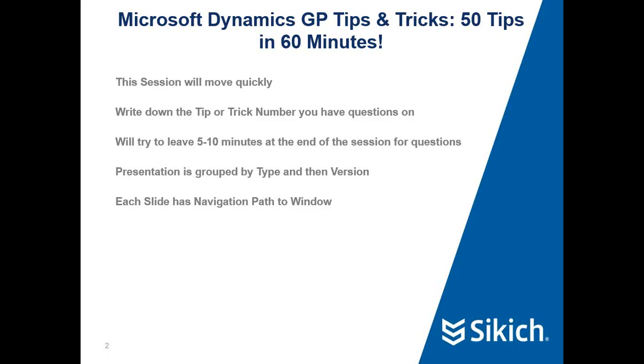So if I was showing you something cool that you really wanted to use and you weren't at that version yet, you would know that, and then we could talk about getting you to that version or what you have available. Lastly, on each slide, I gave you a navigation path to the window, if applicable. So if I was telling you to go somewhere to do something, I kept the navigation path in there.